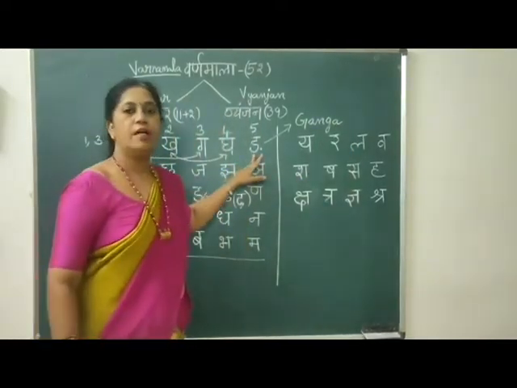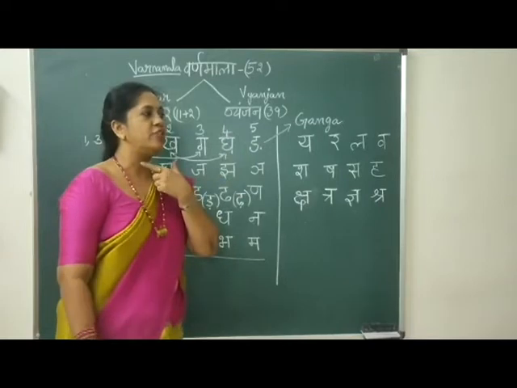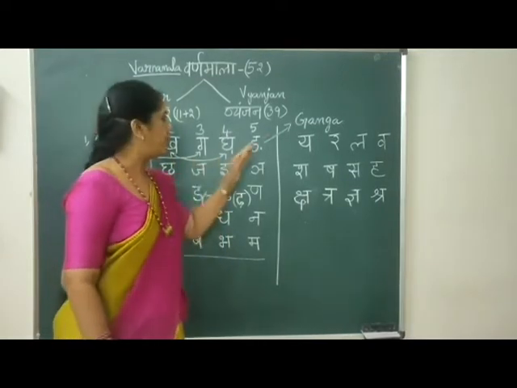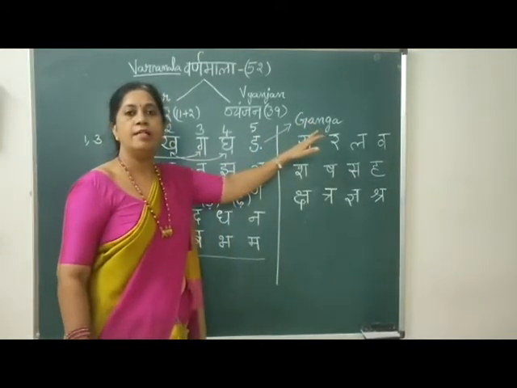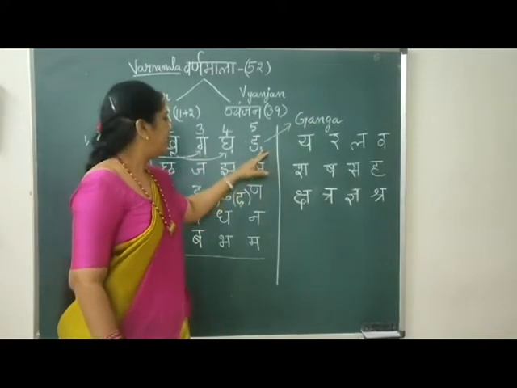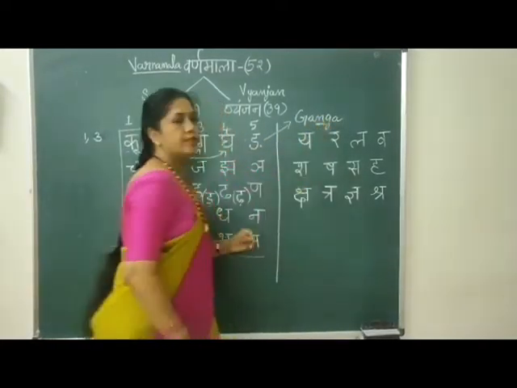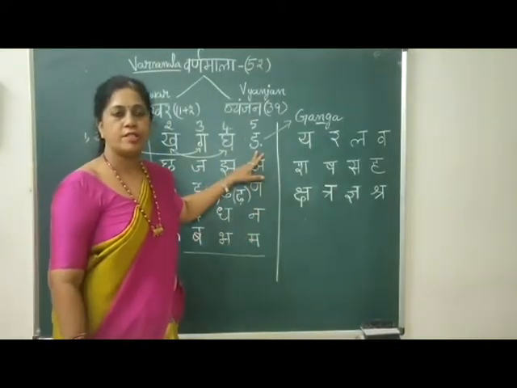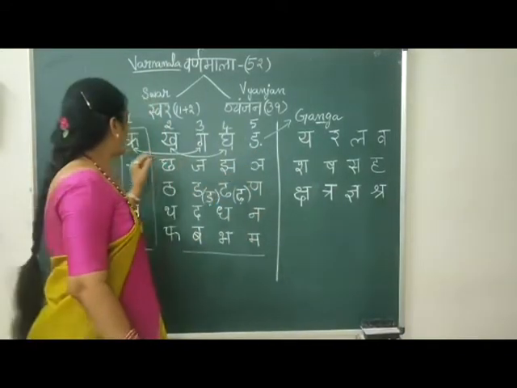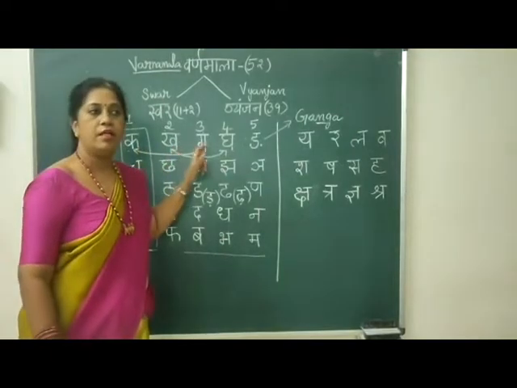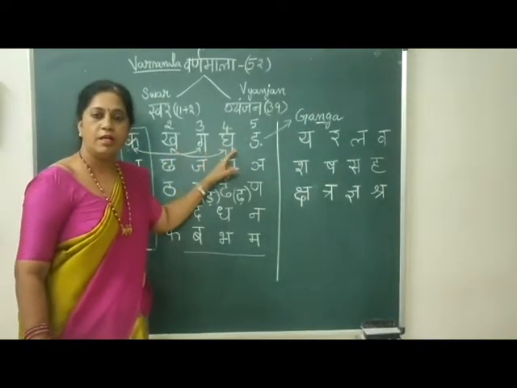Gang, gang. If you stop there, it stops here. So you sound it as Ganga. This end sound is the sound for nga. So ka, kha, ga, gha, nga.